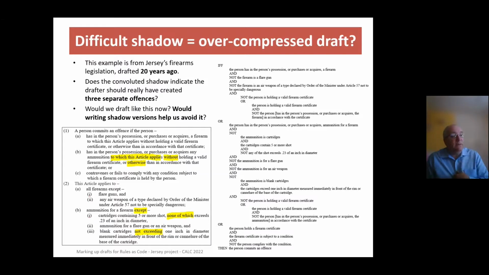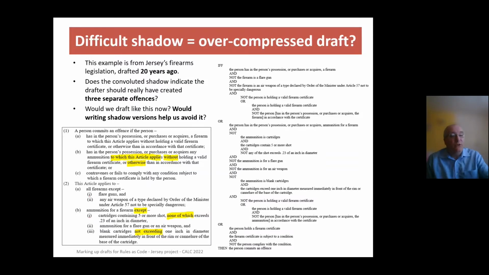So in this example here, we've got things about cartridges not exceeding certain diameters, but that's an exception to an exception. There's a couple of otherwises, there's some contravening, there's an offence split into 3 limbs, which possibly could have been 3 offences.